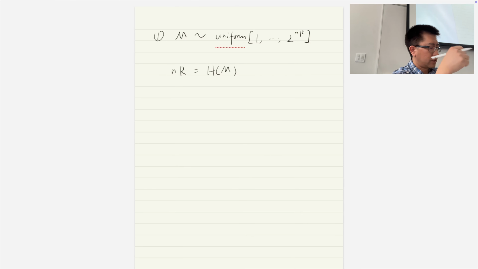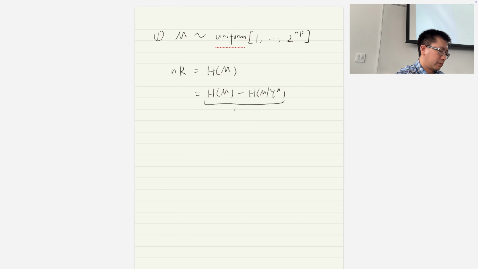This step is because it's uniformly distributed, so the entropy achieves the cardinality bound. Then this is a typical step: we have to have the mutual information part. So basically, we subtract this term, and this term will be a mutual information, and then we have to add this back.